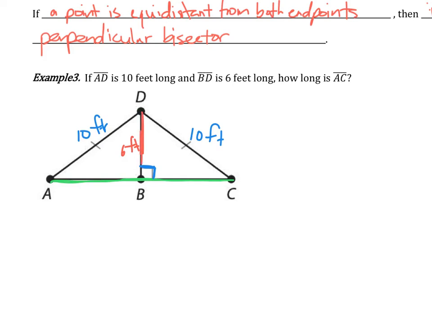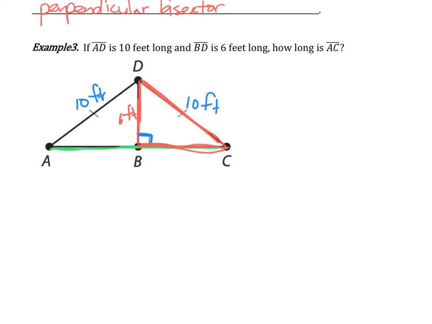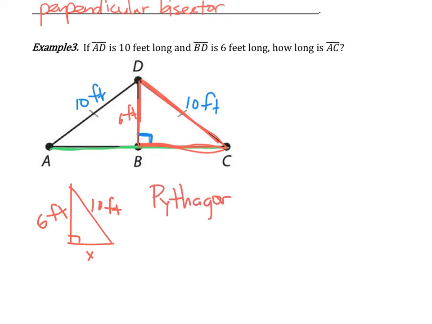Block off just one triangle here. You should remember something about a right triangle: if you have one length and another length, you can find a missing length with something called the Pythagorean theorem.